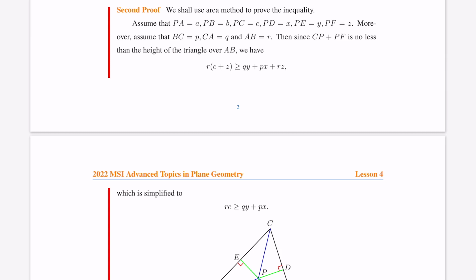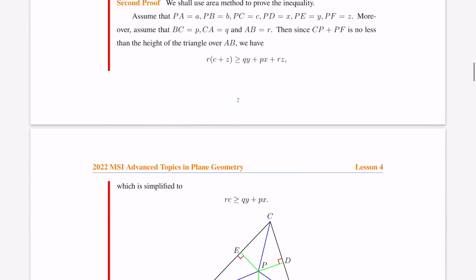Then we want to name the side lengths of the three sides of the triangle. Usually we would use a, b, c, but since a, b, c have been used up, we will use another three letters to denote the lengths of the triangle. So I will use p, q, r.